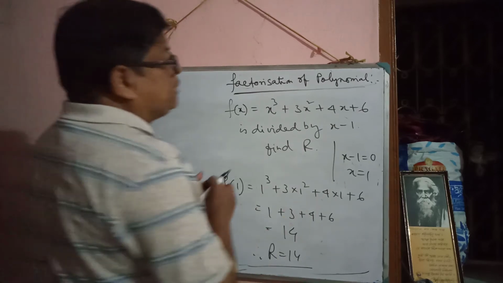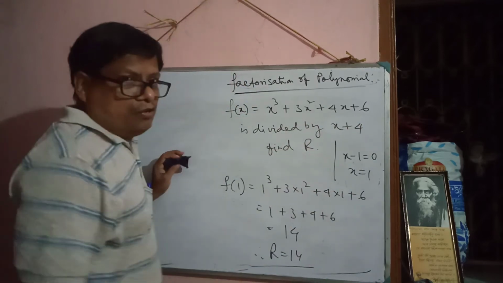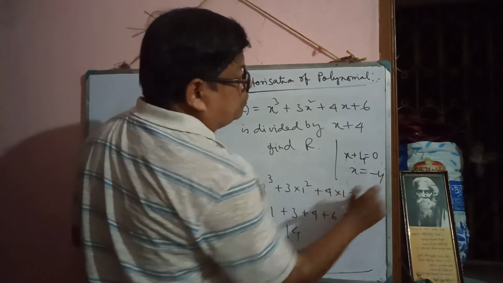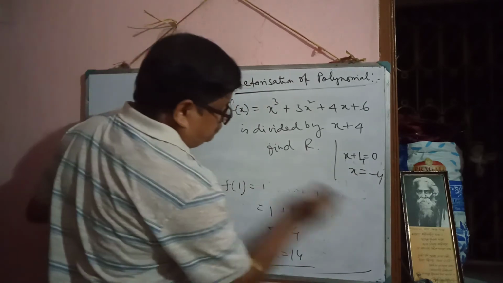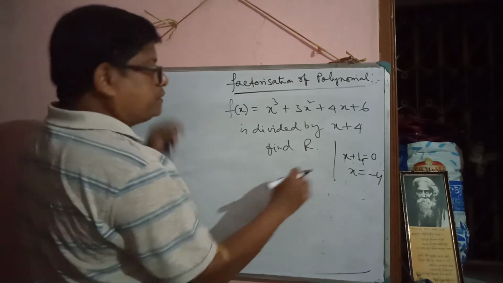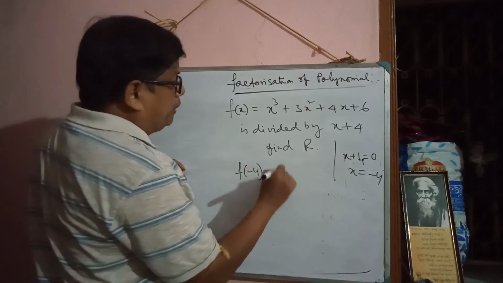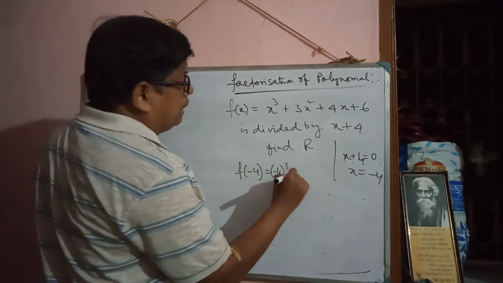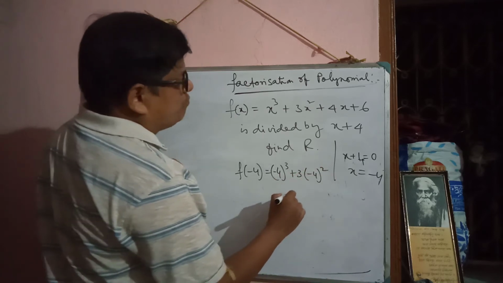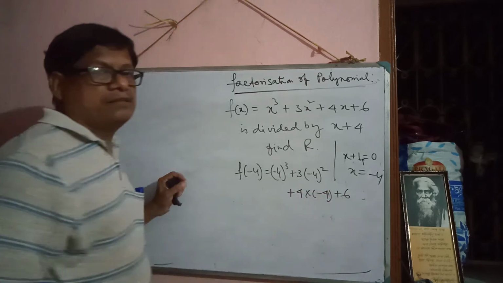Like that, for any function. Suppose it is divided by x plus 4. You put x plus 4 equal to 0, then x equals minus 4. Now f of minus 4 equals minus 4 cube plus 3 into minus 4 whole square plus 4 into minus 4 plus 6.